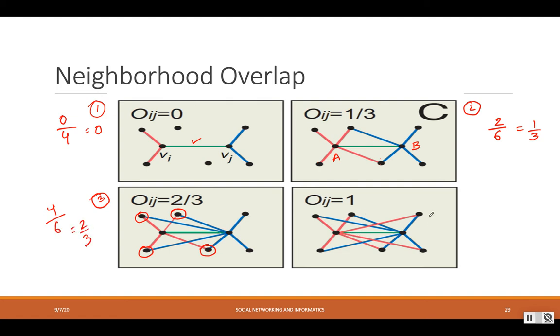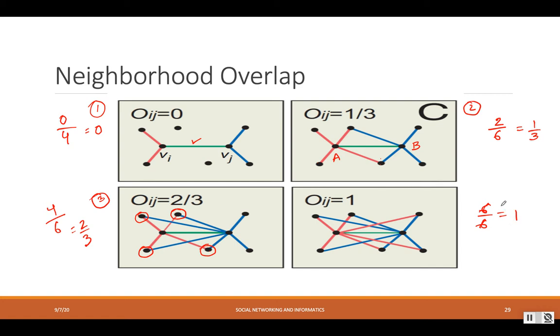And here, I think this is going to be 6 by 6. In total 6 friends both A and B have, and all of them are actually connected, so they have 6 common friends, and the total number of friends they share is also 6, which is 1.